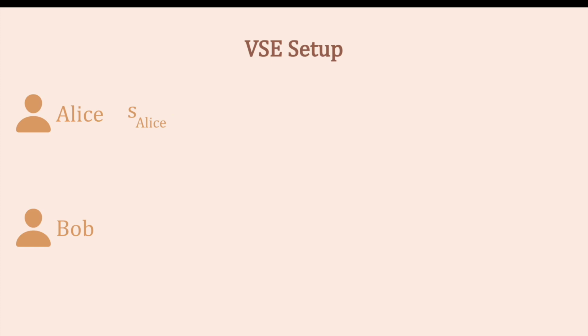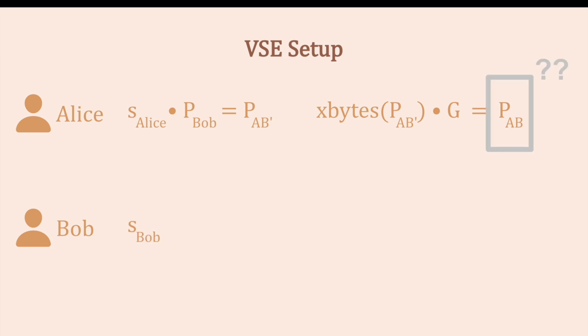You got Alice's secret, and this is her master secret, really, times Bob's public key. That gives us the secret shared point. And if we take the x bytes of this point as our secret scalar times G, that gives us our shared public point. And Bob runs the same thing, right?